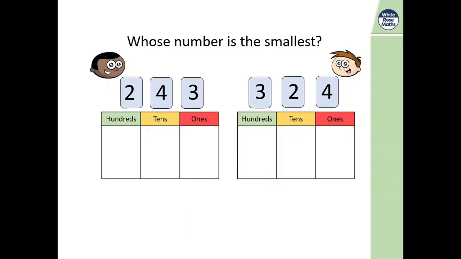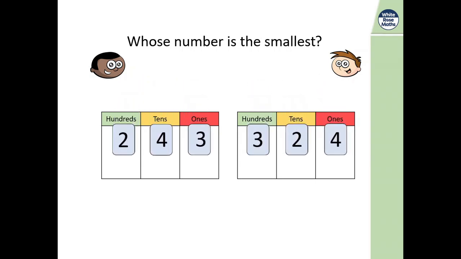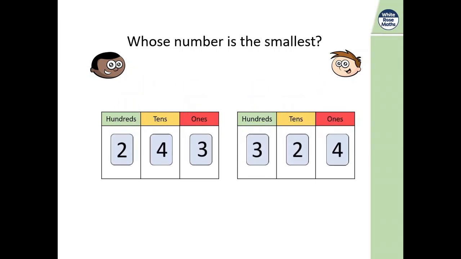Well, if we put the numbers into a hundreds, tens and ones grid, that can help us compare them. So let's split them up. We've got 2 hundreds, 4 tens and 3 ones, 3 hundreds, 2 tens and 4 ones. But whose number is the smallest? Well, we start by looking at the hundreds column.